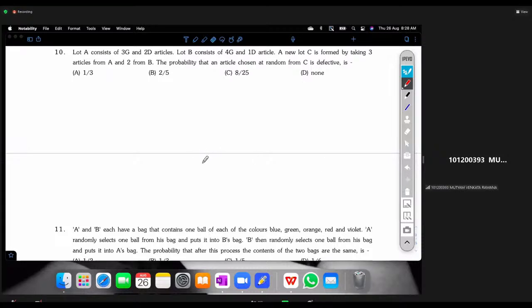Next one. A bag contains 10 balls. 7 are drawn simultaneously and replaced. Then 5 balls are drawn.